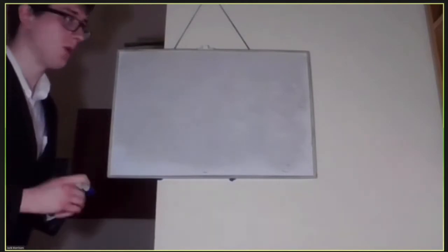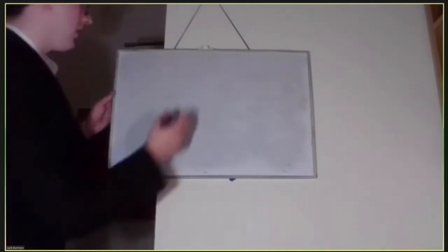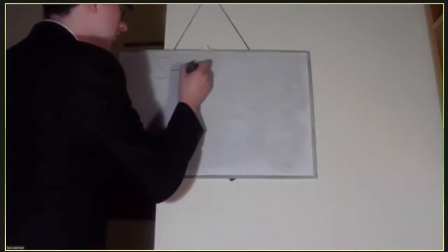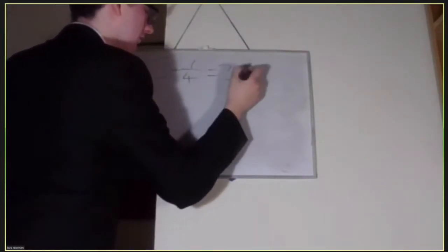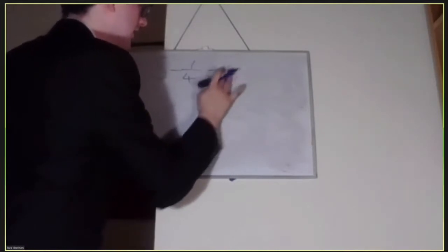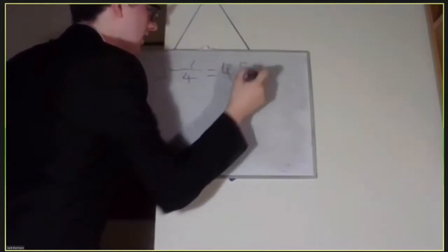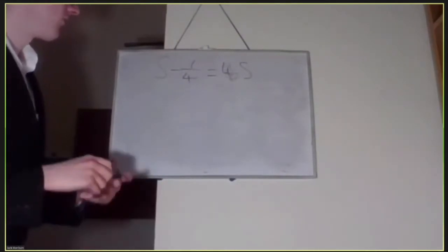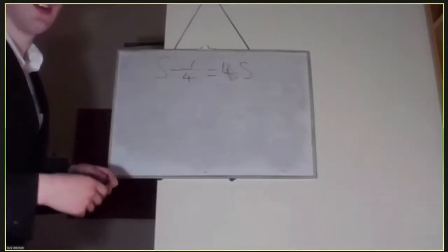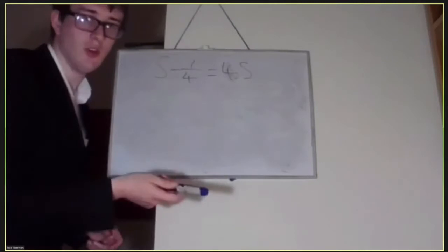But I do want to focus on one step in the minus a 12th thing, which is we had at one point s minus a quarter equals, it was 4s, I believe. Yes, 4s. Okay. Now, if we were solving this normally, then we would do what I did.